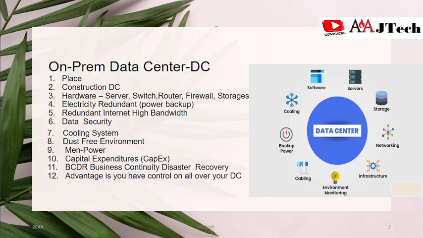So the sixth step is data security. In case anything happens to your data, then nobody trusts your organization. Therefore, data security is also really important in your organization. The seventh step is the cooling system.